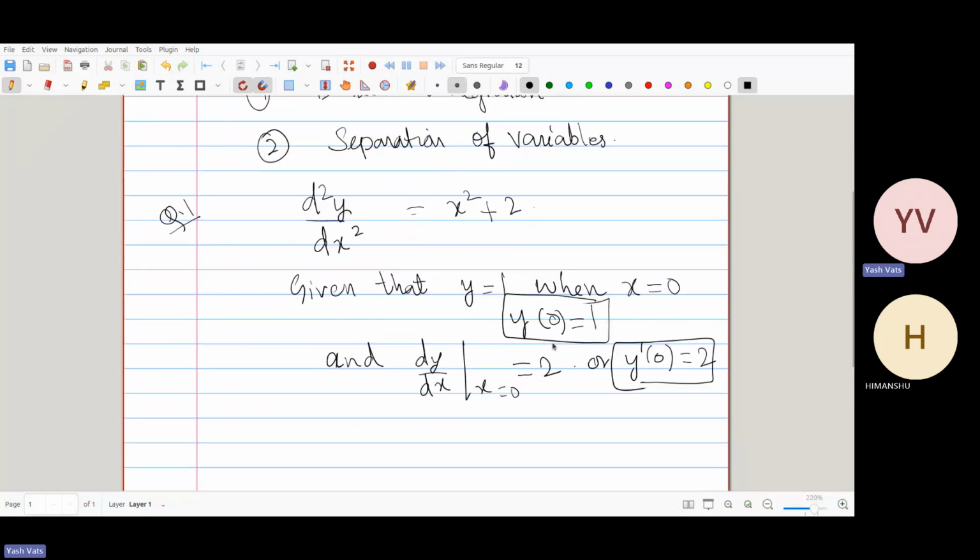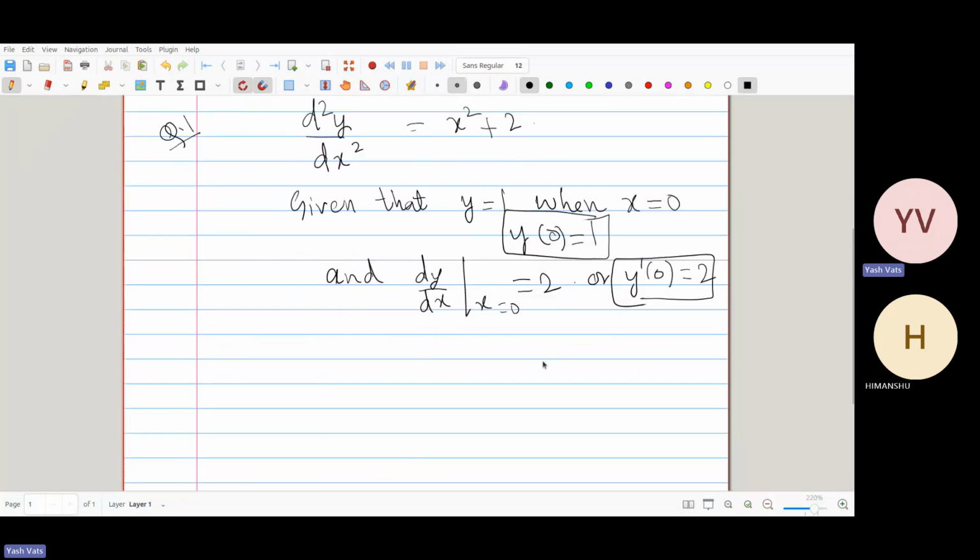So how do you solve it? It's easy, right? So I rename it first and I just integrate it.